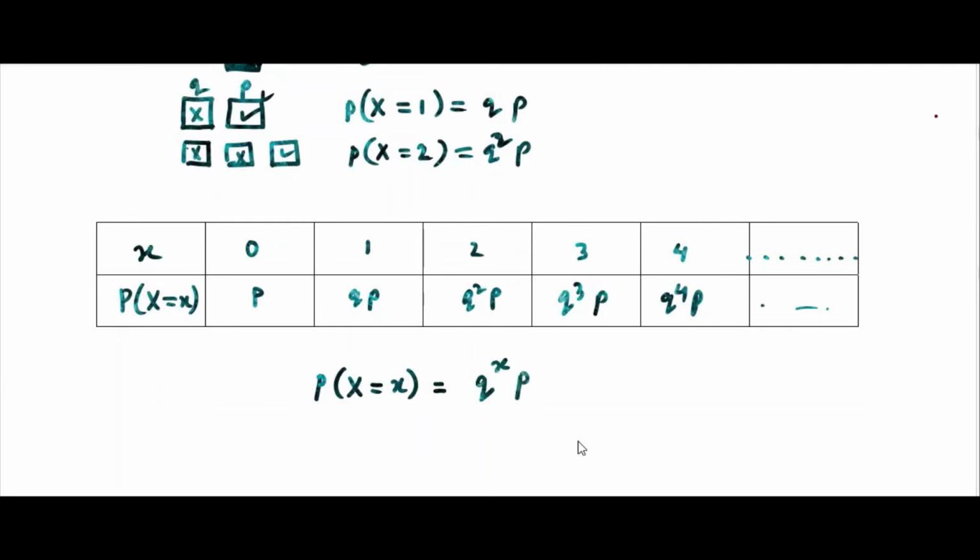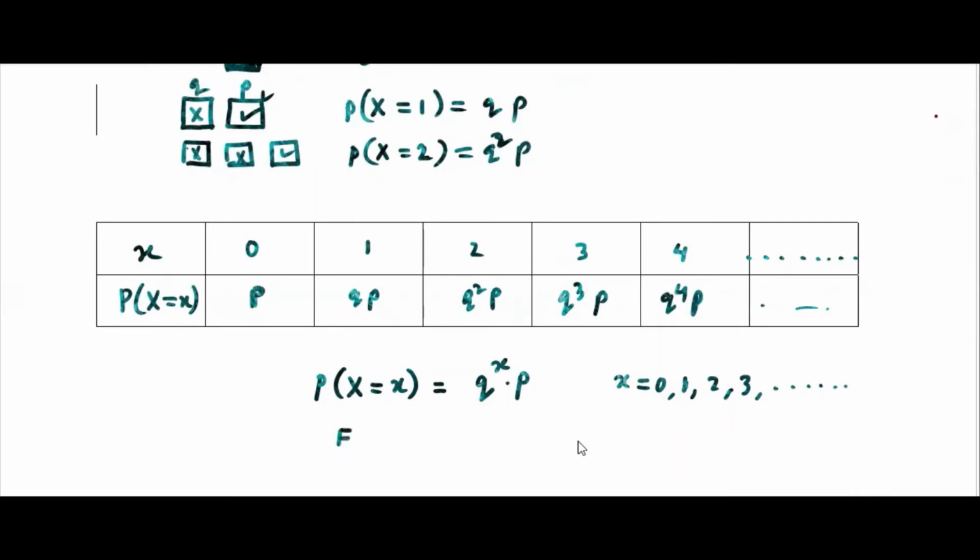Because my first value will be 0 here, the range 0, 1, 2, 3 will continue. Put x as 0 here, Q power 0 is 1. So you get P here. You check all the probabilities. Now put x as 1 here, we get QP, that's fine.